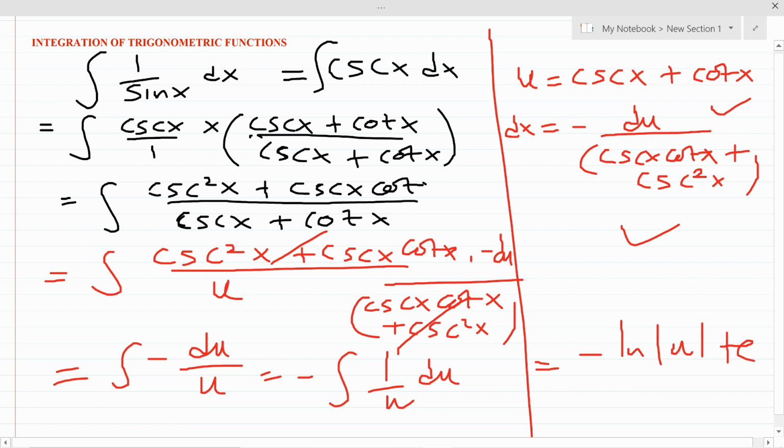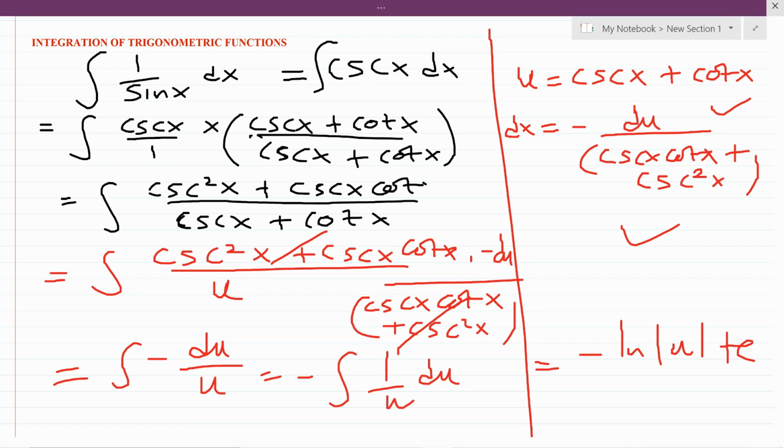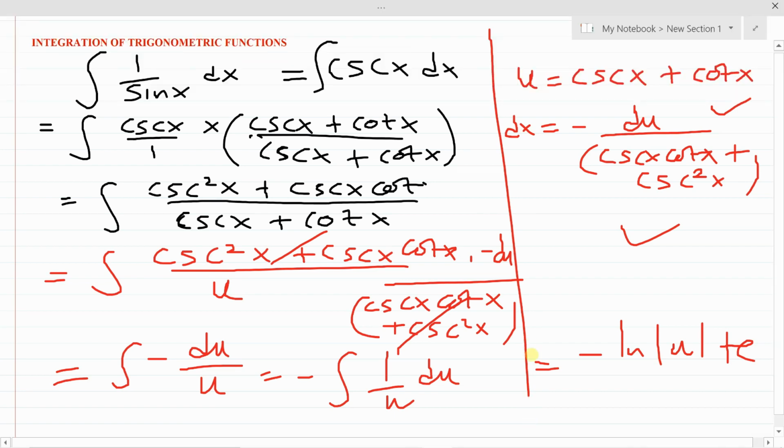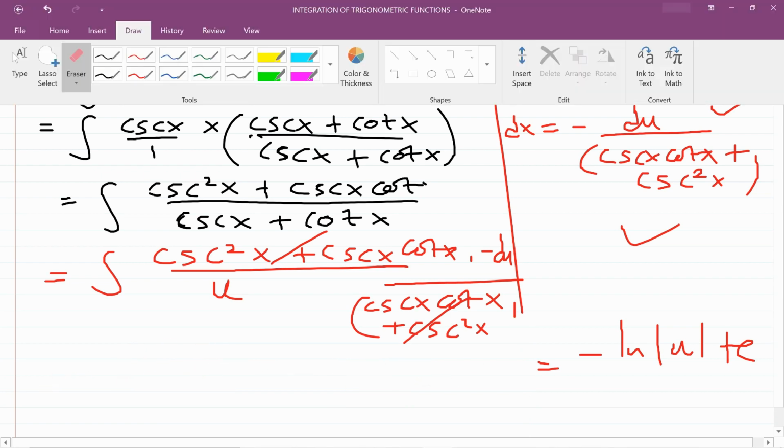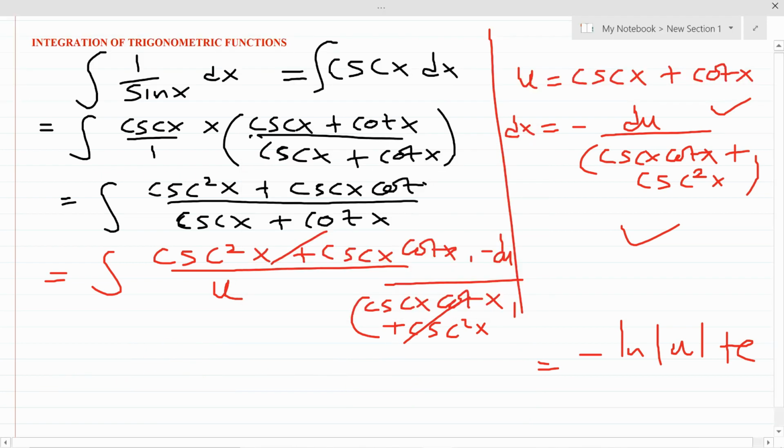So that is it. We come back and put our u in. Let's clean it down there and put our u in. So our integral then will become negative ln of, what is our u? Cosec x plus cot x, plus c.